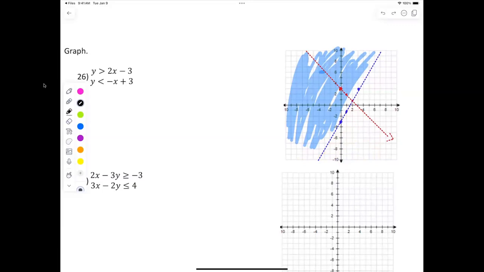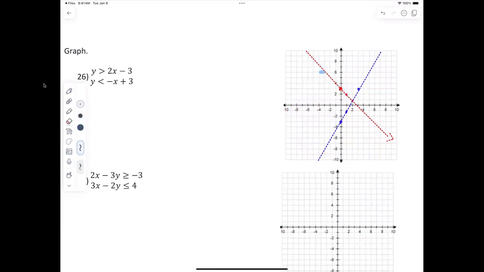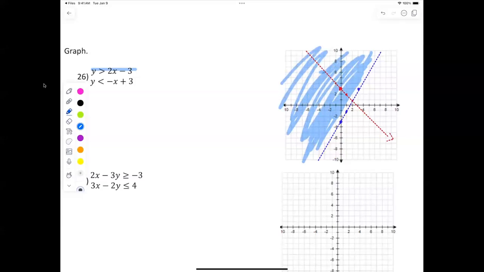All right, so here we go, watch. So the blue line, the first line is this guy right here, right? It's greater than, do you agree? So we're going to be above the blue line. All of this is above the blue line. Do you understand that or not? Then I have less than. Less than is what?